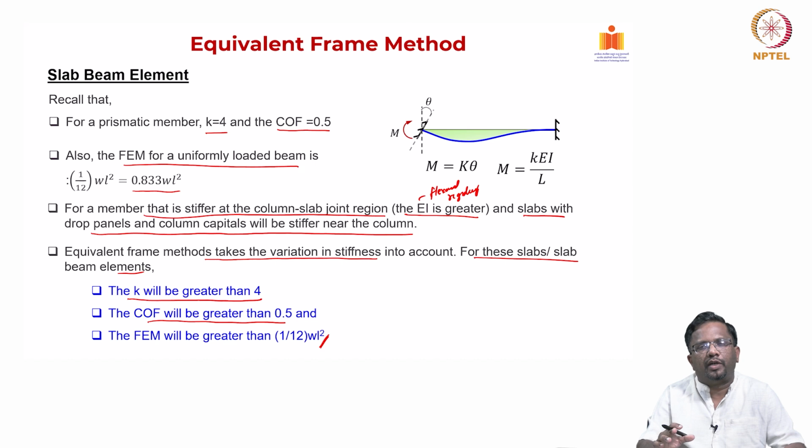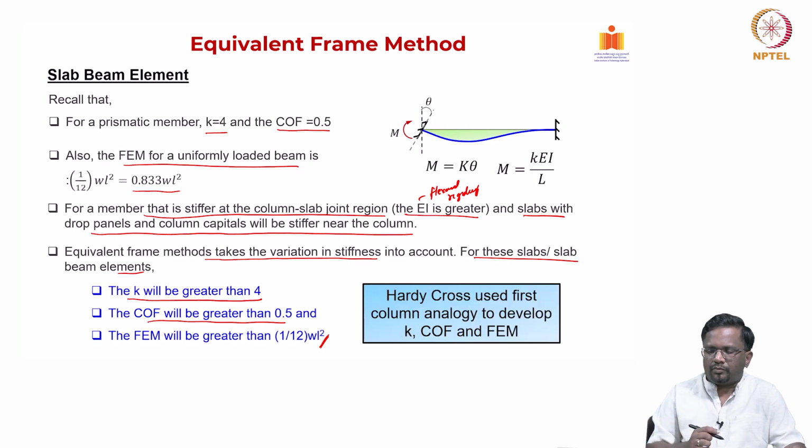People have already done this using the column analogy method, and have derived values with certain assumptions on the boundary conditions. The values are tabulated and readily available, and can be used to create your stiffness properties and carryover factors for doing the moment distribution method.